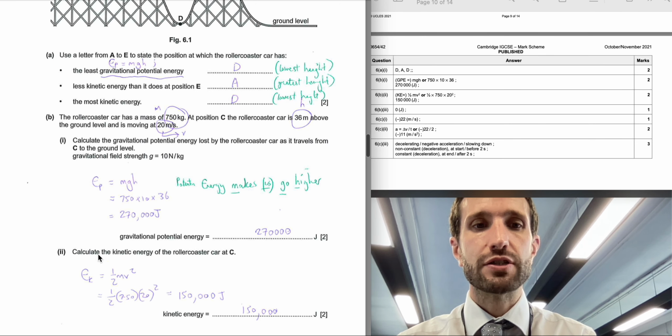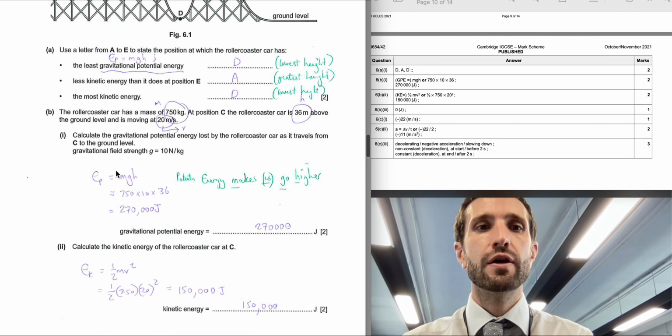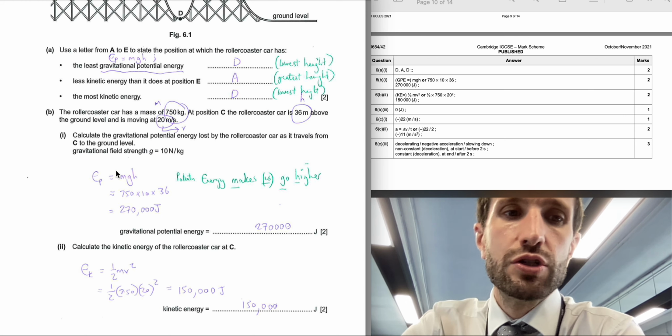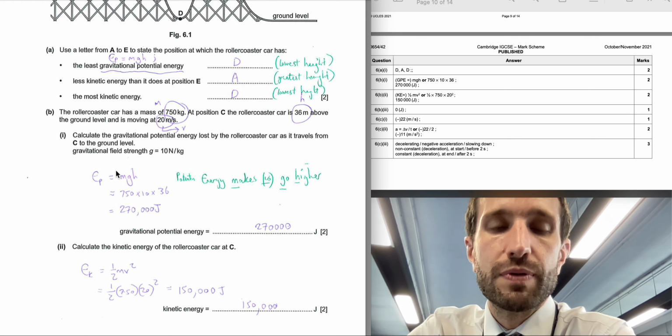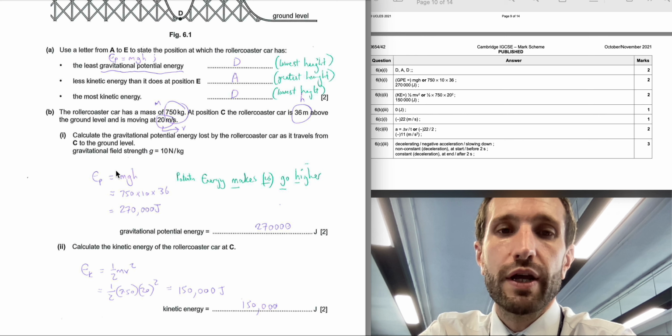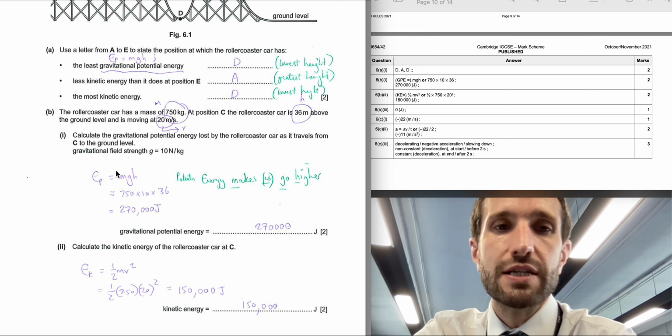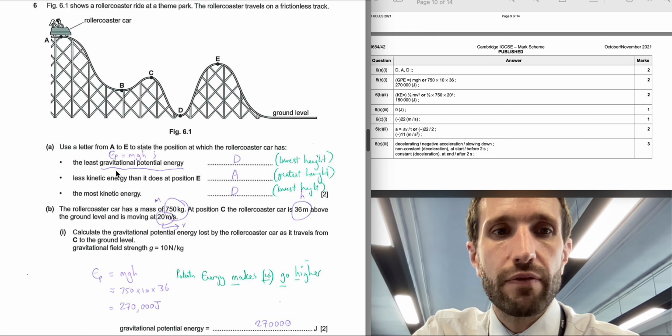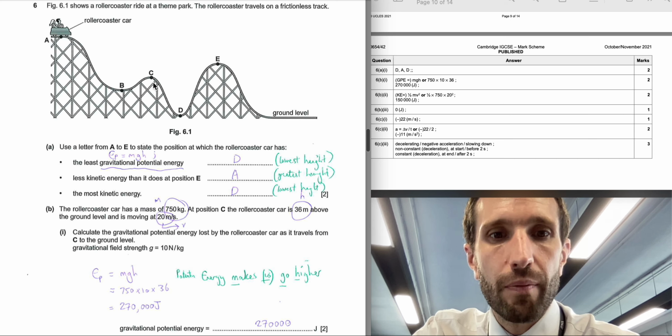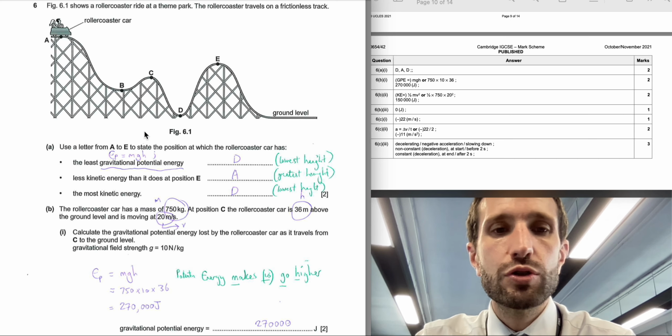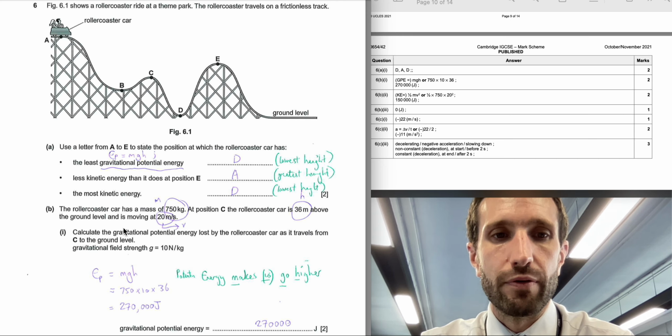So we're being asked to do some calculations. First things first, we're being asked to calculate the gravitational potential energy lost by the roller coaster as it moves from C to ground level. Let's just have a look at point C. We're told that point C is 36 meters above the ground level.